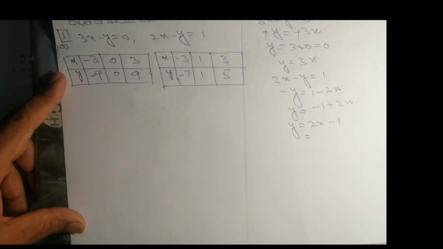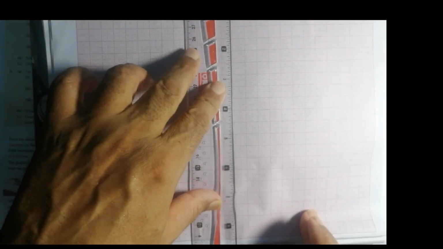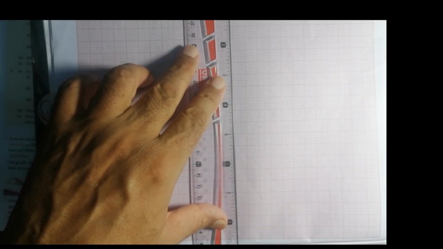So I take a graph paper. This graph paper is with me here. For the Cartesian coordinate system, we need to draw two perpendicular lines.